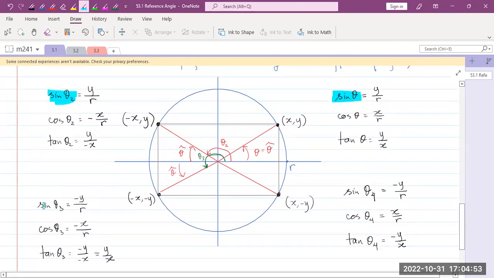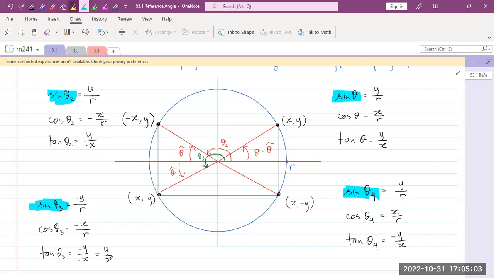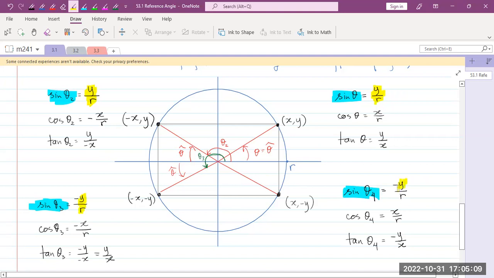Theta, theta 2, theta 3, theta 4, all of them have the same reference angle. Notice that the value must be y over r, except in some cases you need to be aware that it is actually negative.